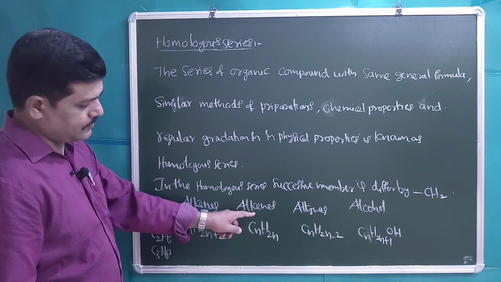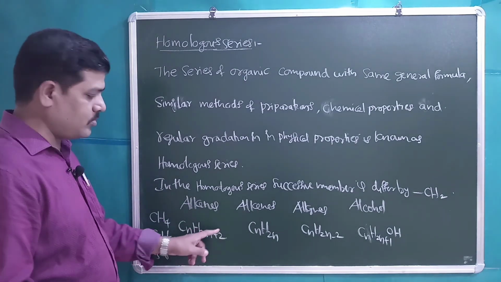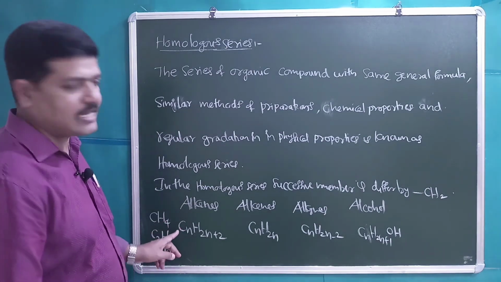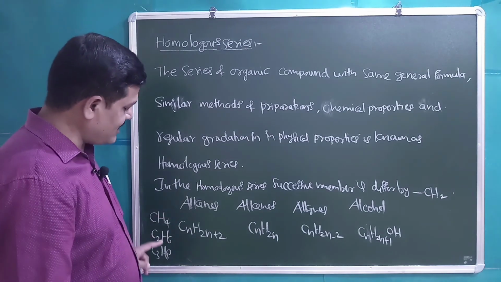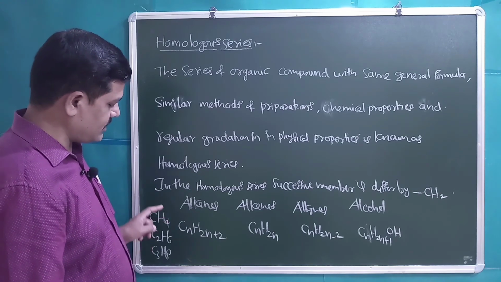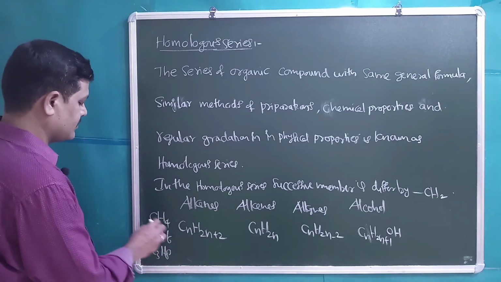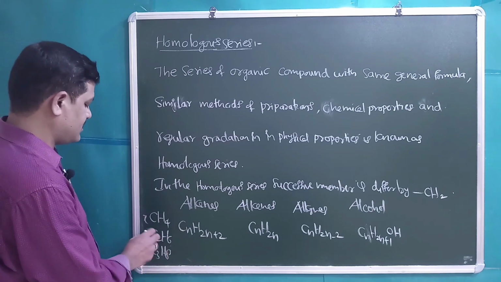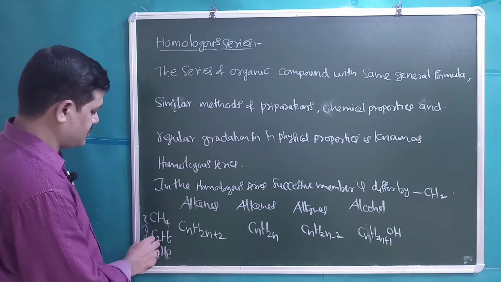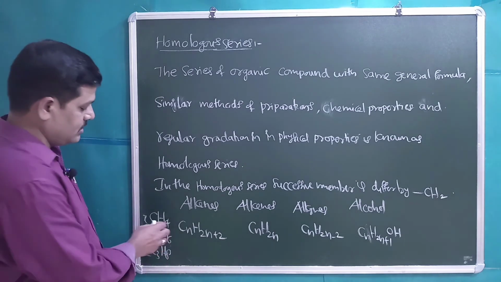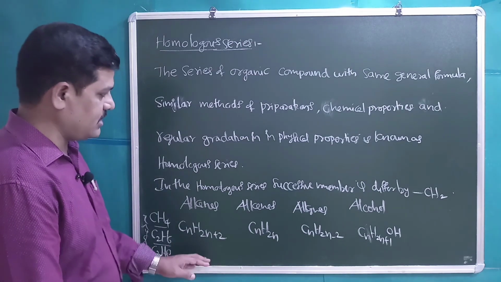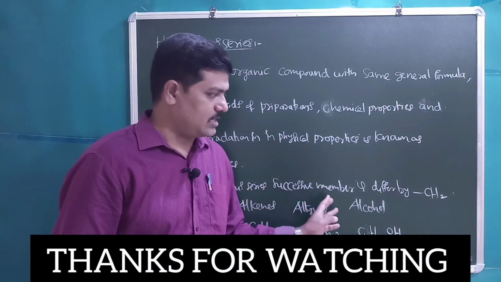Compounds present in the same homologous series have similar methods of preparation and similar chemical properties, but regular gradation in the physical properties is observed. If the boiling point of CH4 is some X, and for C2H6 it is Y, then for C3H8 it is Z, and regular gradation will be observed. So as the molecular mass increases, the boiling point increases. Regular gradation is observed. This is known as a homologous series.